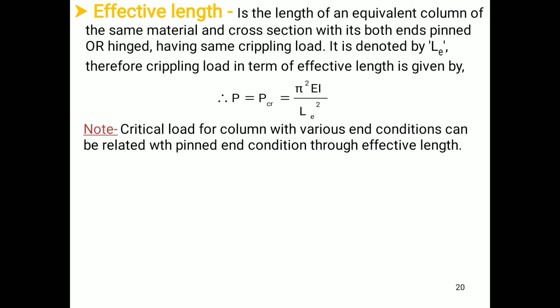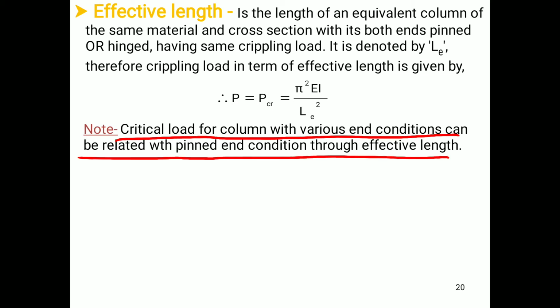Or you can define effective length in another manner also. Effective length is nothing but the distance between points of contraflexure on a deflection curve. It is also a definition of effective length. Critical load for a column with various end conditions can be related with the pin end condition through the effective length.